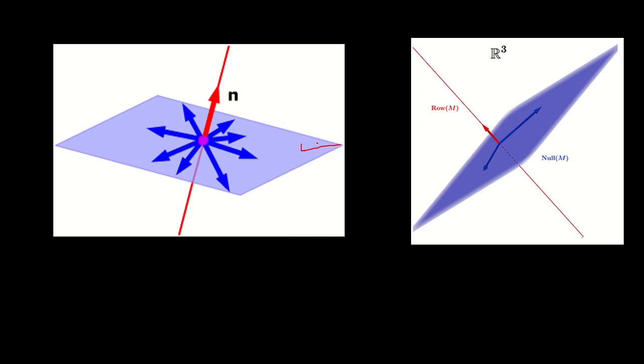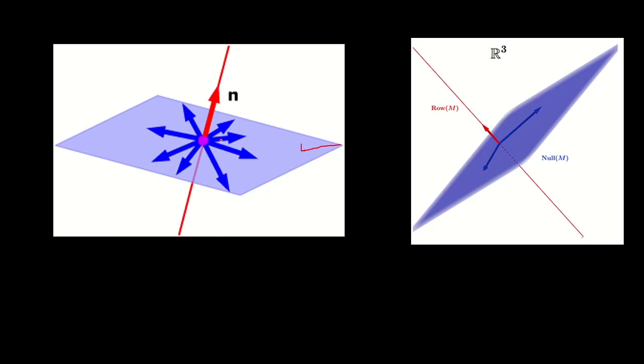And these blue vectors are the vectors lying on this plane. And we take this red vector, the vector n, that is perpendicular to this plane, and it is perpendicular to all the vectors in this plane.